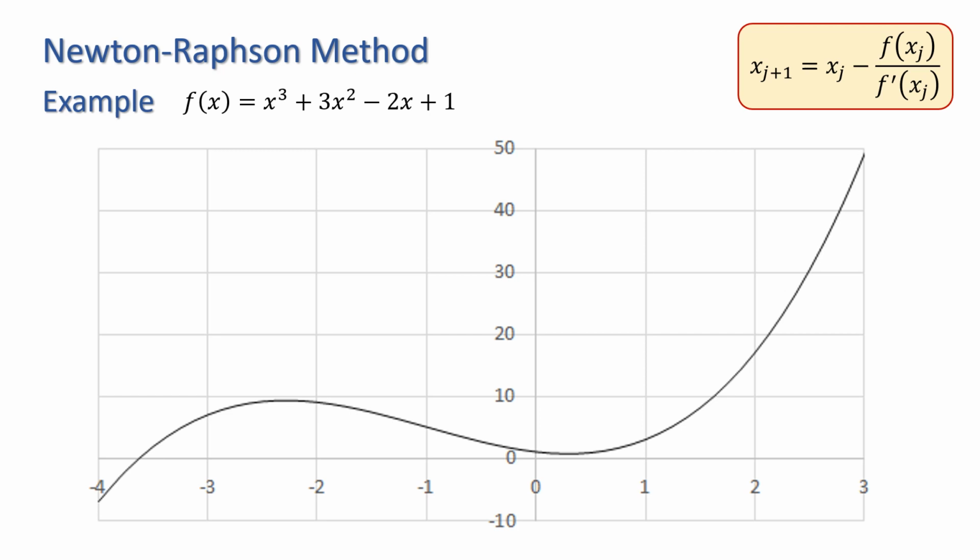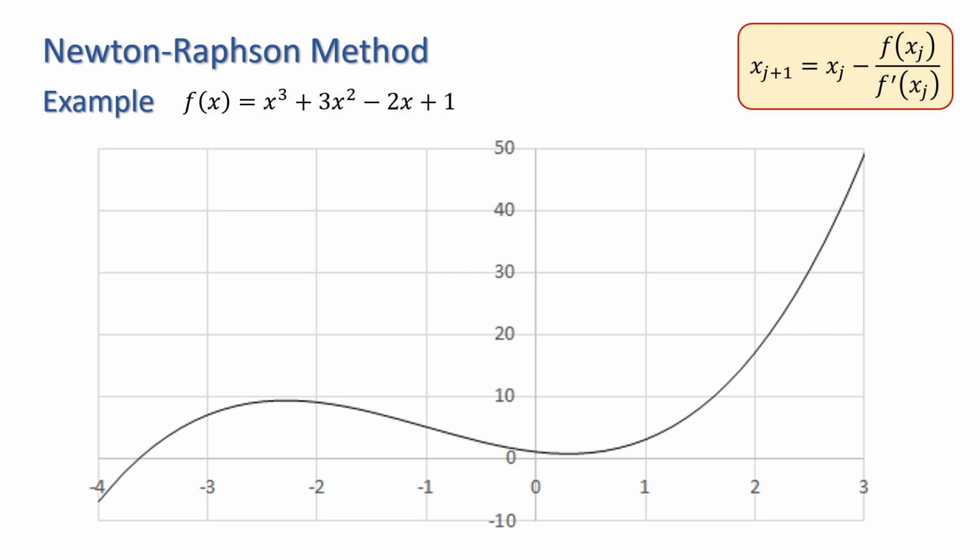Now let's consider an example that is less straightforward. We have the function f of x equals x cubed plus 3x squared minus 2x plus 1. If we look at the function, we can see that there is indeed only one root, but that there are 2 turning points. This can cause problems since we are using the gradient to send us in the right direction.